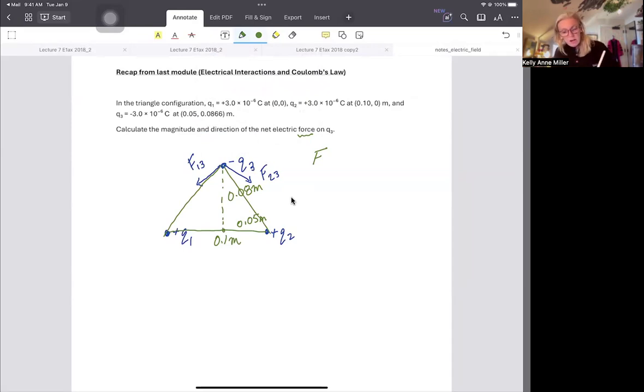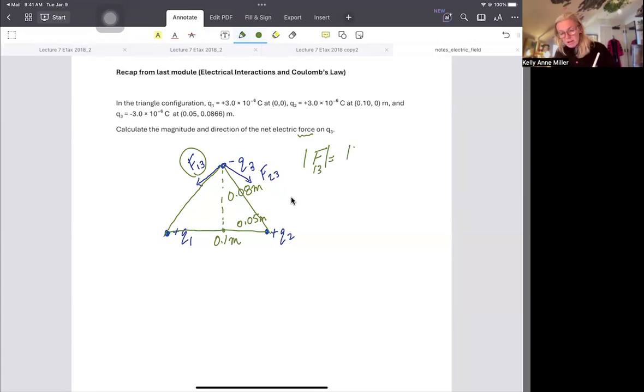Okay, so Coulomb's law says that the force between any two charges is just the product of the charges divided by the distance separating them squared. So let's calculate just the absolute value, so we don't have to worry about direction yet, of this force between 1 and 3.